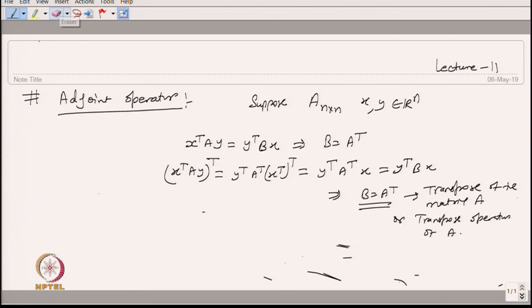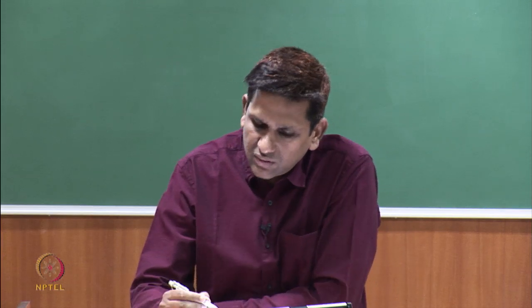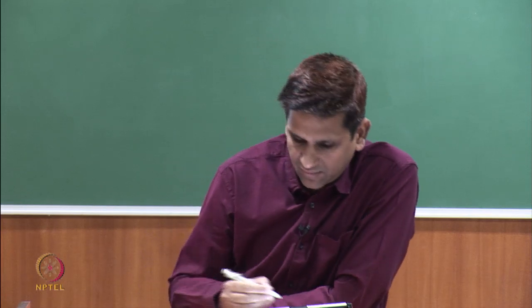These things we have already discussed in the course of linear algebra. Now I want to apply the same thing to a linear operator, because here we are dealing with matrices only, so we are able to do this multiplication. But what will happen if I go by the linear differential operator and apply the same methodology to find the adjoint operator? So this is called the transpose of the matrix, or transpose operator of the matrix.